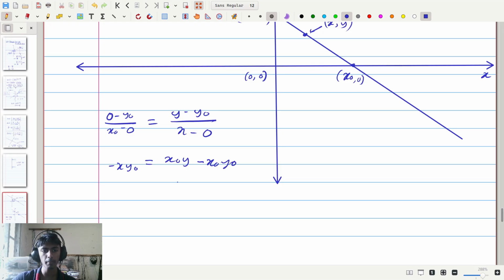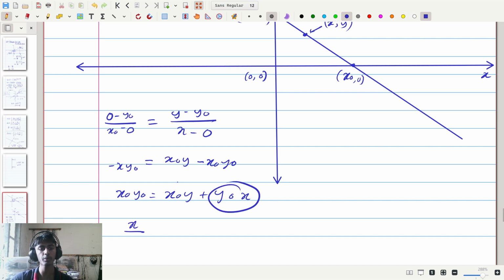Cleaning this up a little bit, taking this x0 y0 to this side, taking this x y0 to this side, we can see x0 y0 is equal to x0 y plus y0 x. What I'm going to do now is divide both sides by x0 y0. Doing so, what we get is that x divided by, in this case, when we divide by x0 y0, the y0 is going to be cut and we're going to have divide by x0.